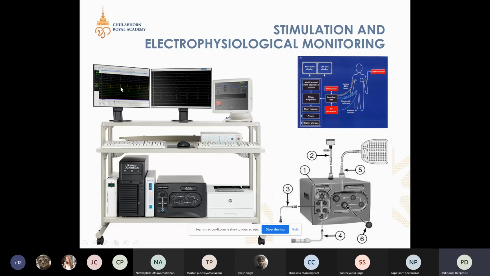And after you update, you can use this keyboard to update the activity on the screen in order to make it show on the offline display and try to measure any values to identify any abnormality of the conduction system.